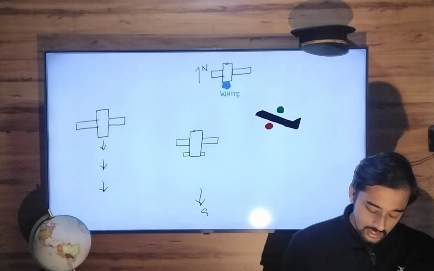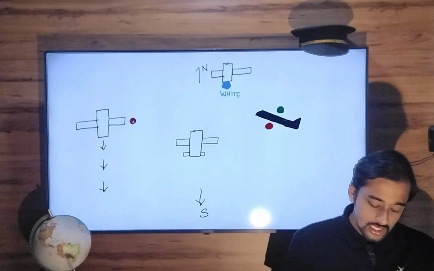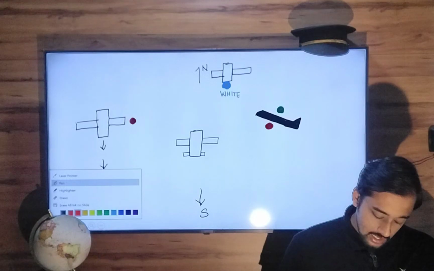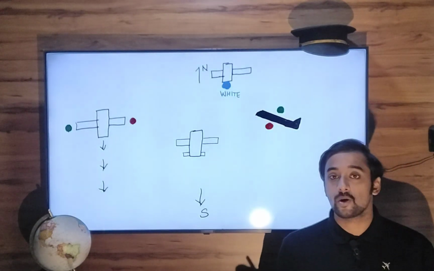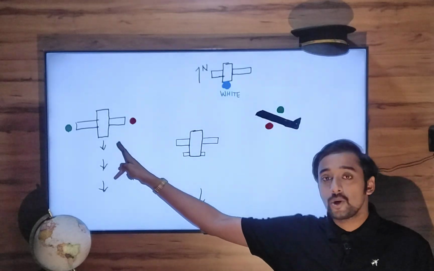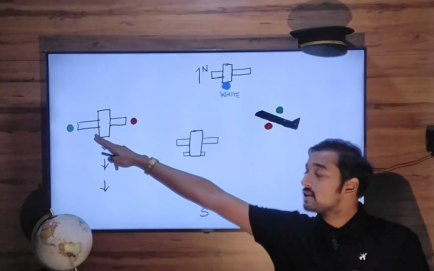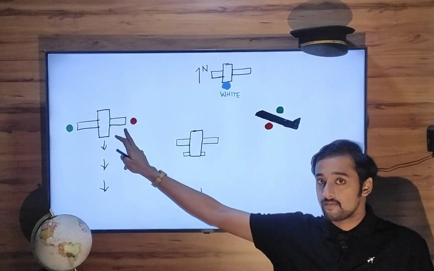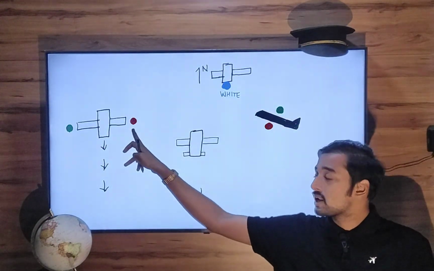If the aircraft to your left were also flying in the north direction, you would have seen the green navigation light, not red. Just because it is flying in the opposite direction, you are able to see the red light.